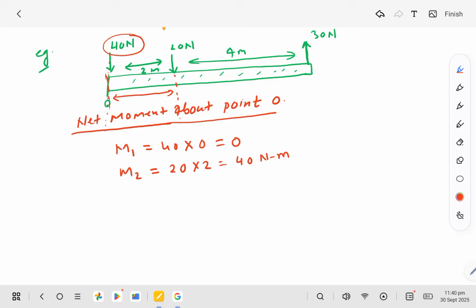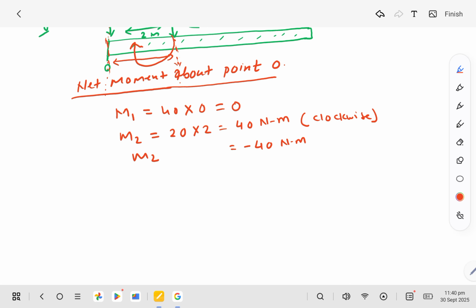The line of action of this force is here, so this force has tendency to rotate this object in this direction. This is clockwise. Clockwise means we use the 40 Newton meter, so M2 has the negative sign.